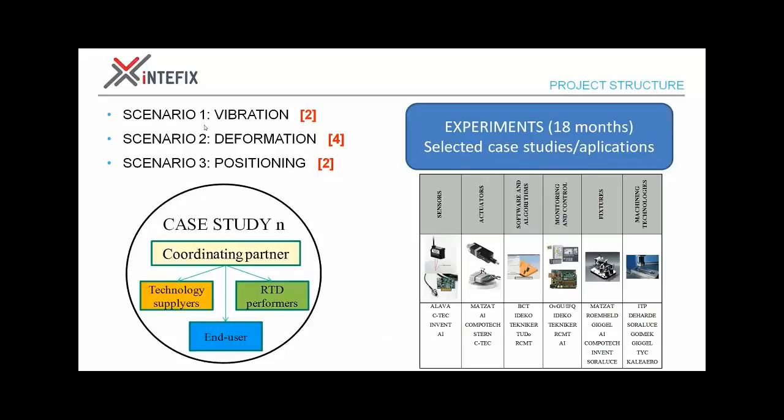At this moment, the project has two experiments in scenario 1 of vibrations, 4 experiments in scenario 2 deformations, and 2 experiments in the positioning scenario. So these experiments last 18 months.